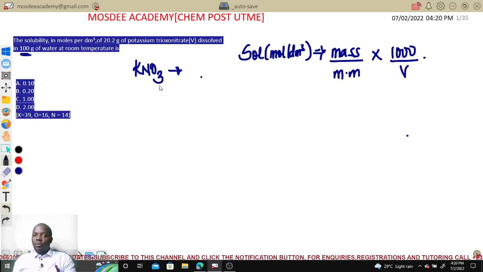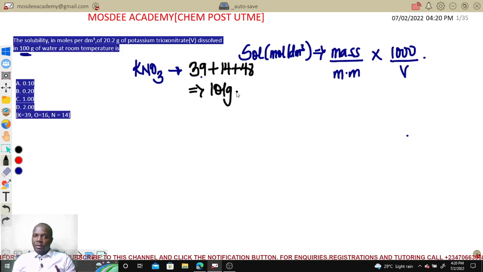So the KNO3 molar mass is very important. Potassium is 39, plus nitrogen is 14, and oxygen is 16, and there are 3 of them. 16 times 3 is 48. This is 101 gram per mole.